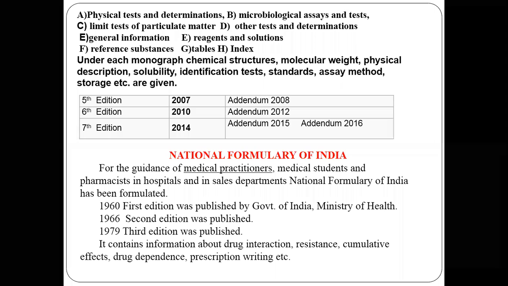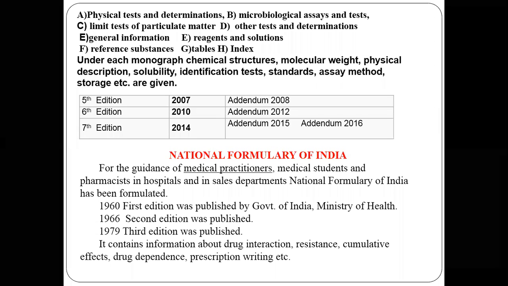The first edition of the National Formulary came in 1960, which was published by the Government of India, Ministry of Health. Then the second edition came in 1966. The third edition came in 1979.